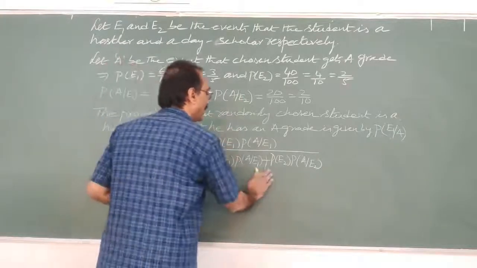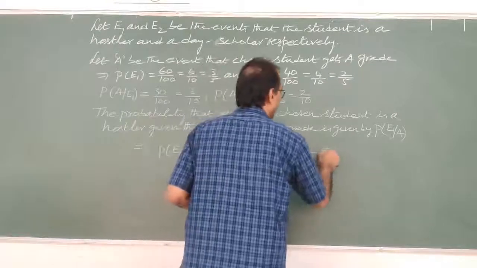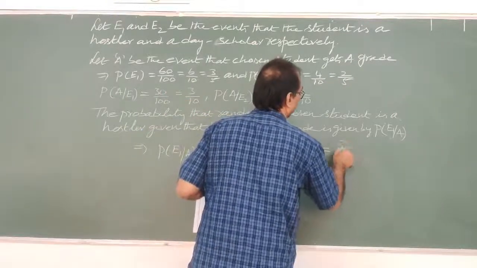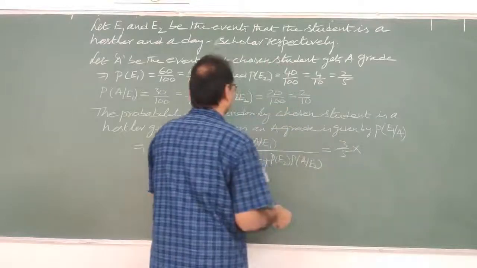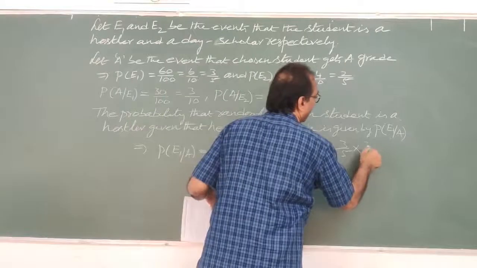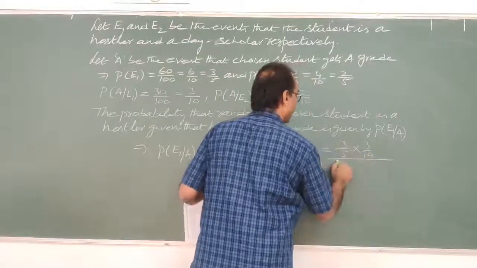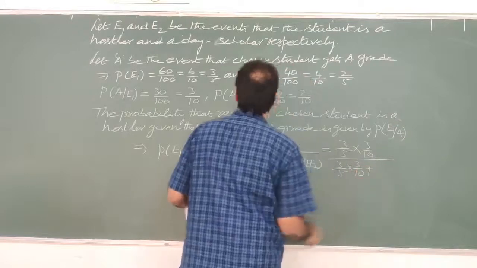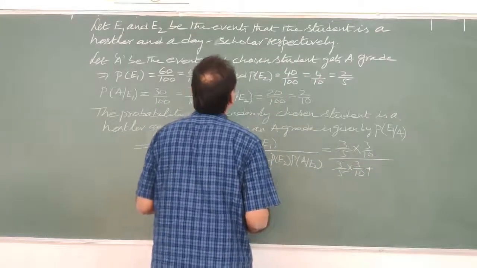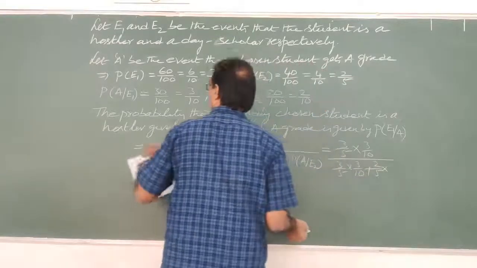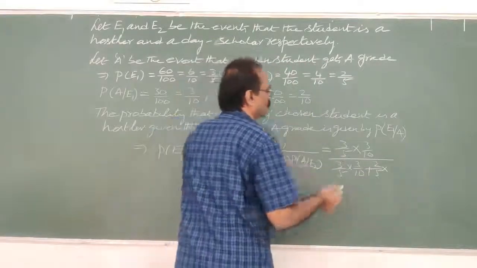Now according to this, what is the value? P of E1 we know is 6 by 10, that is 3 by 5, into P of A given E1, which is 3 by 10. By the same thing you will write 3 by 5 into 3 by 10 plus P of E2, which is 2 by 5, into P of A given E2, which is 2 by 10.